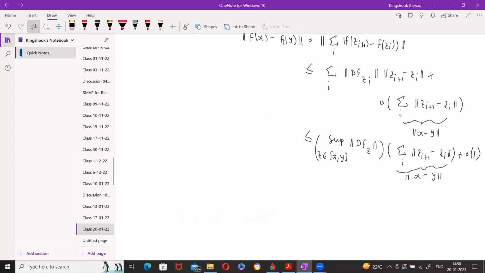So f is locally constant. So if your domain is connected, then f will become constant. Is that clear? Okay, fine. So let's carry on then.